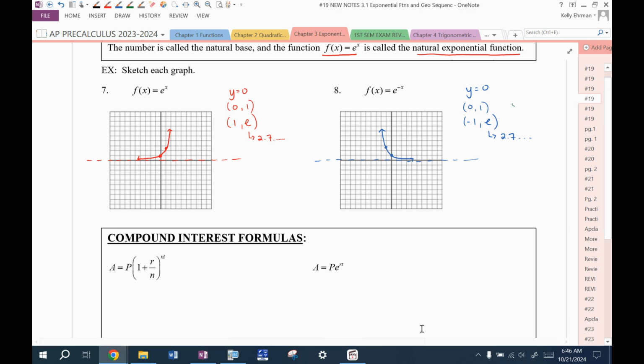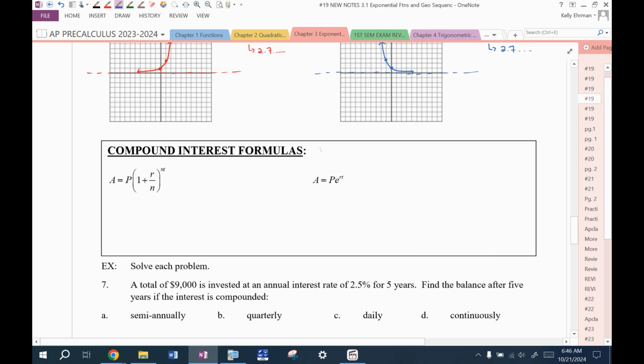There are 2 compound interest formulas that you need to have memorized because we use them so often. The first one is used if the interest on the account is collected n times annually.